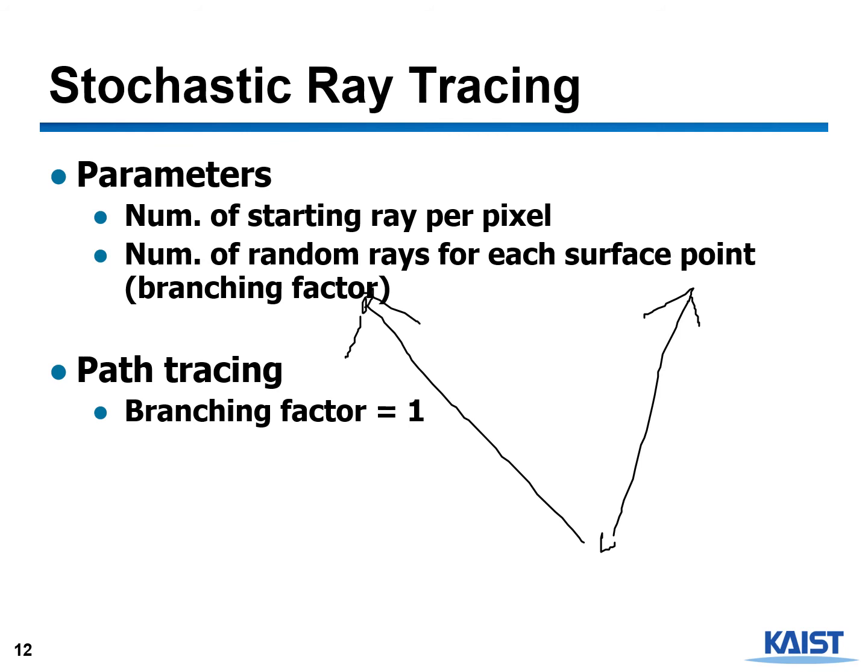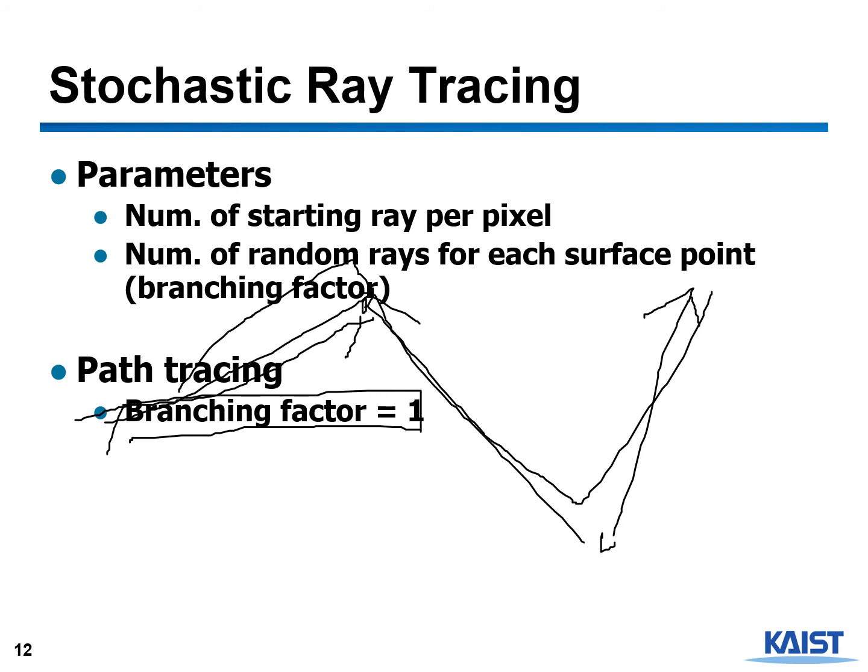And then we also need to compute the additional indirect ray, but we also consider only one ray, not multiple rays. So as you can see, there are paths from here to there, right? By using a branching factor of one, it generates one path, so that's why it has the name path tracing.